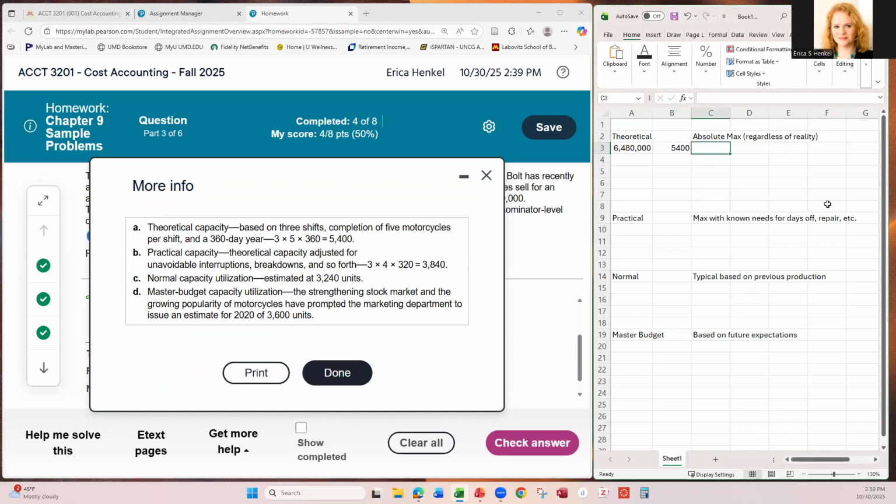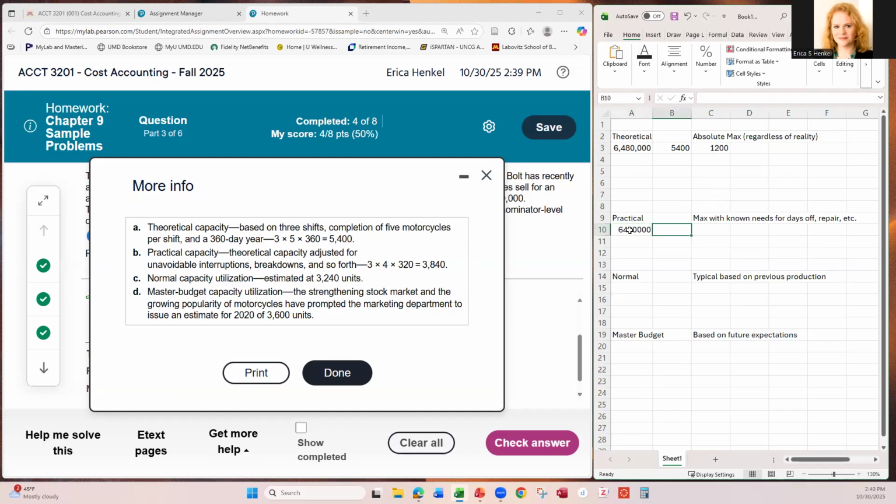That gets us to $1,200 per unit. No rocket science here, right? Just figuring out, if this is our max that we can do, what rate should we be allocating this out at per unit? Okay, so we're going to do the same thing here.